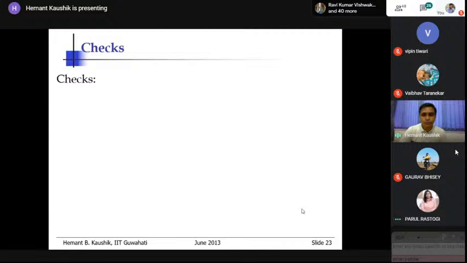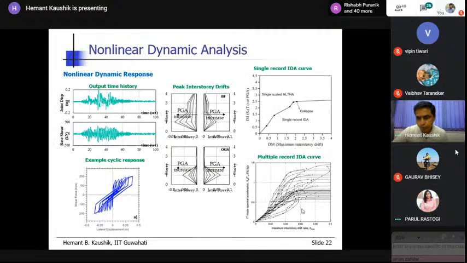Sir, is there any option in SAP2000 to get the output in terms of base shear, story shear directly? You can get the base shear directly, but not the story shear. When you plot the capacity curve, it gives you the base shear versus lateral drift, so that is the total base shear of the system.